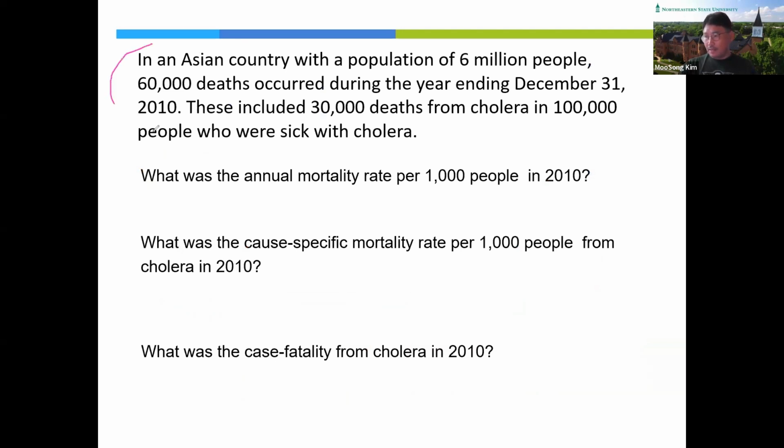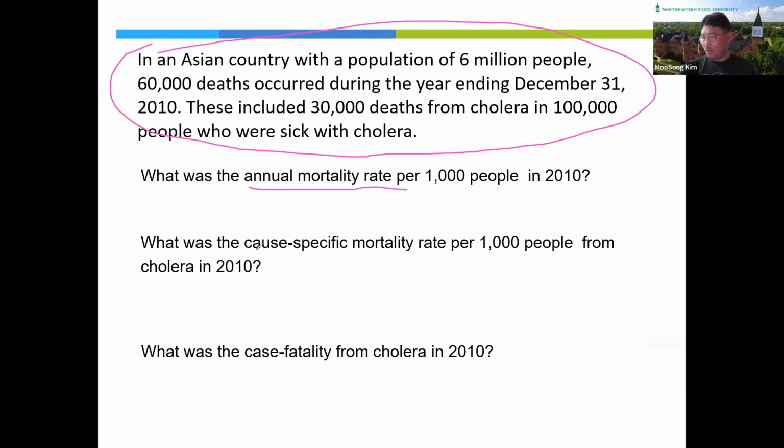So in this example, we need to calculate the 3 different types of mortality: annual mortality rate, the cause-specific mortality rate, and case fatality rate.